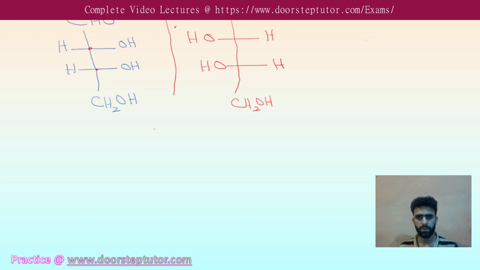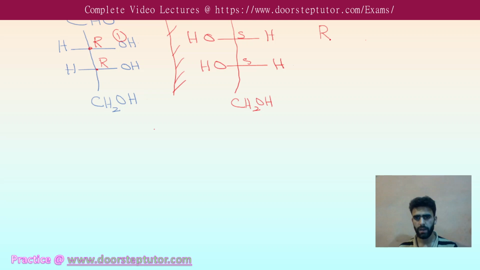Now let us see here. Since these two compounds are mirror images of each other, and as you can see, they are non-superimposable on each other, let us write down the R and S nomenclature for these two compounds. Here this will have R configuration, and this will have R configuration also, and here this will have S configuration, and this will have S configuration.